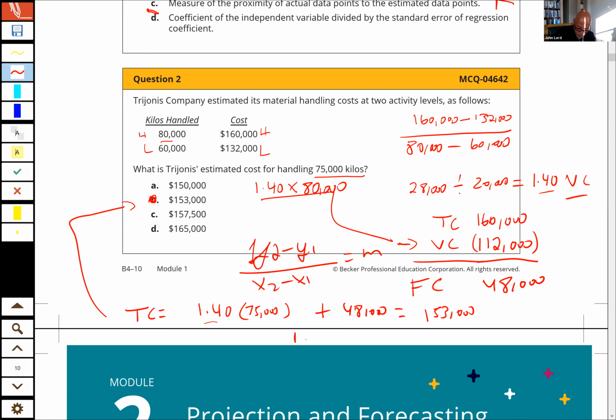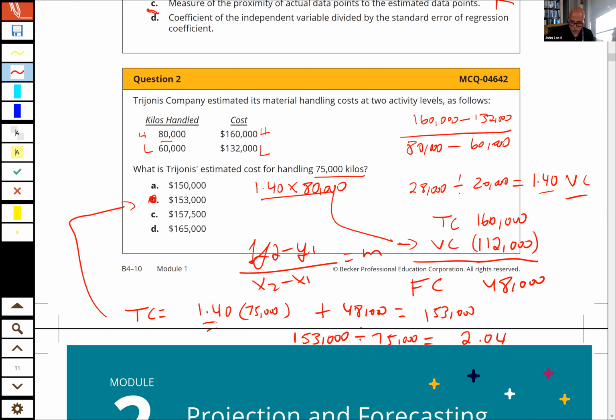I asked for the predetermined overhead rate. 2.04? What did you say? 2.04, that is 153,000 divided by 75,000. Good, thank you. I take the 153,000 and divide that by the units that they told me in this problem, 75,000. That means this company has a predetermined overhead rate of 2.04, give or take.